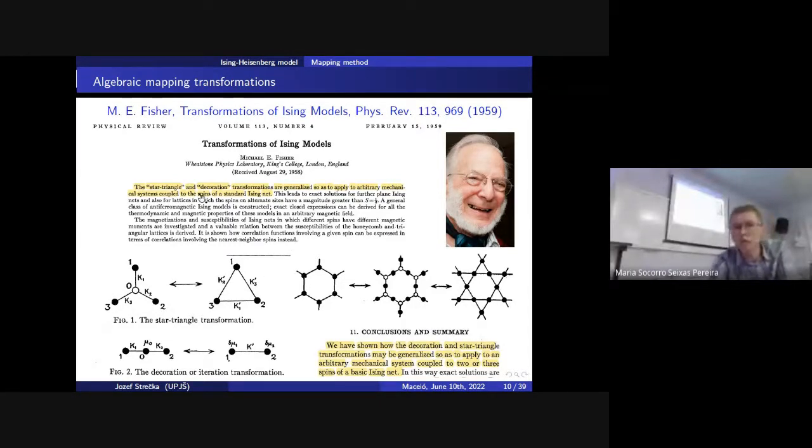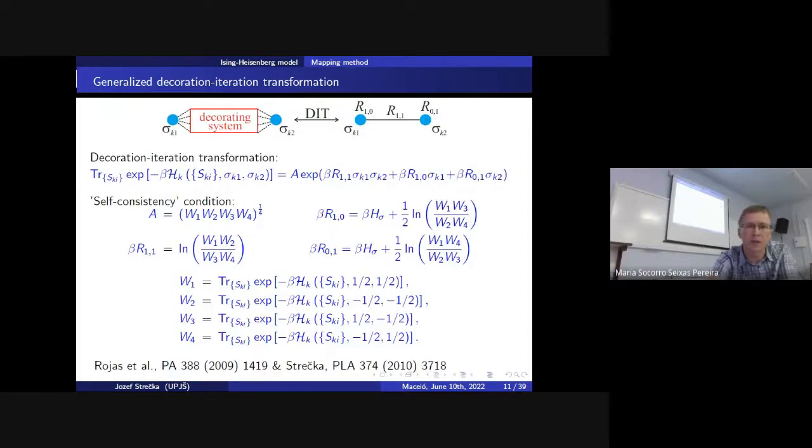And it was already written in his paper, in these sentences, that this kind of transformation may be generalized so as to apply to an arbitrary mechanical system coupled to 2 or 3 spins of the basic Ising net. So he never applied it to quantum spins, but already in his paper was this idea.